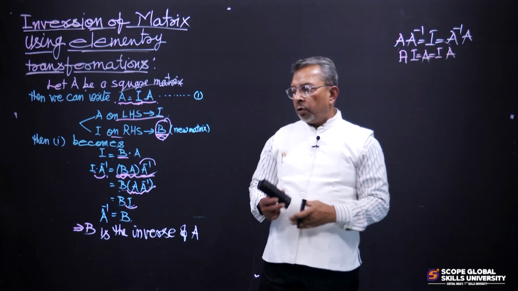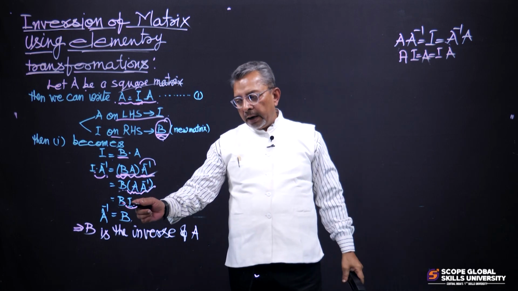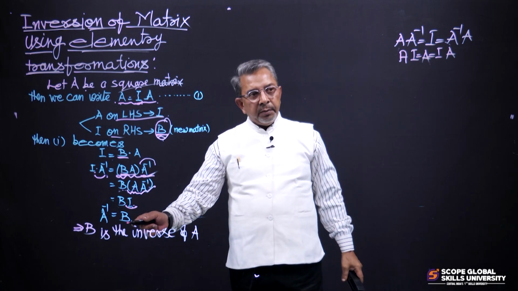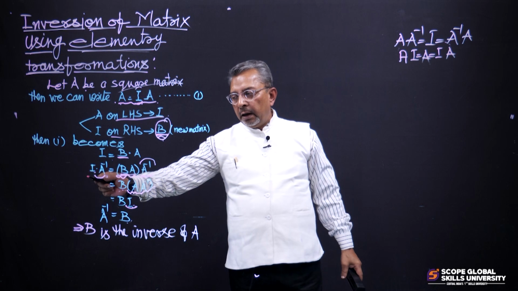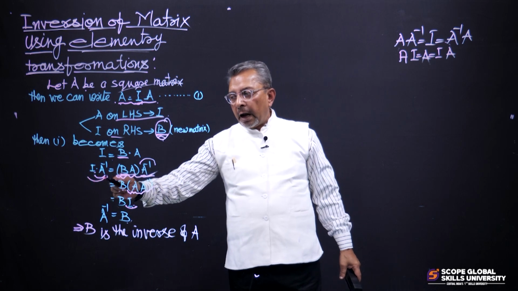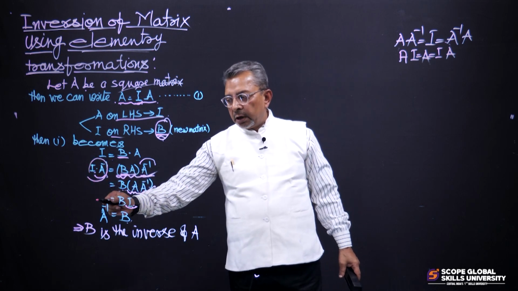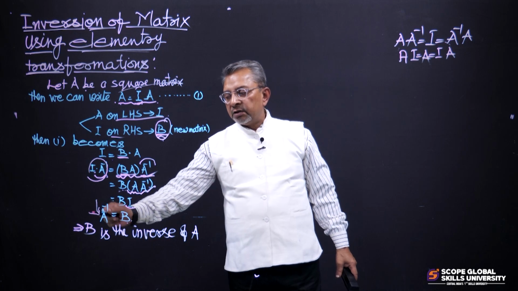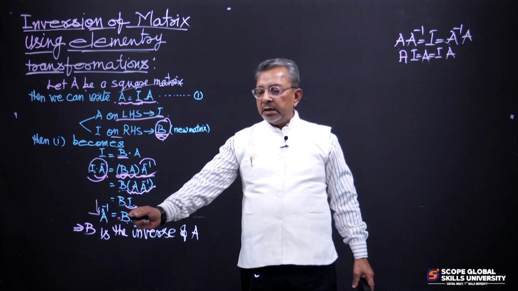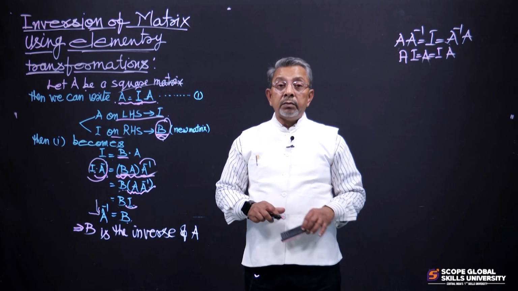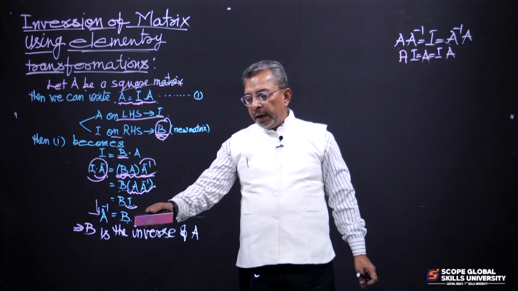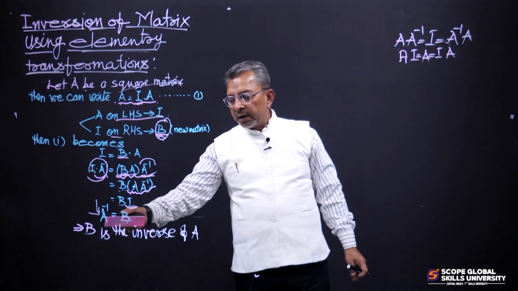Therefore, B multiplied by identity gives you the matrix B, and on the left hand side I multiplied by A inverse gives you A inverse. In this way we get A inverse is equal to B. That means B is the inverse of A.